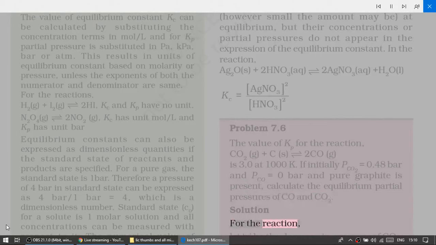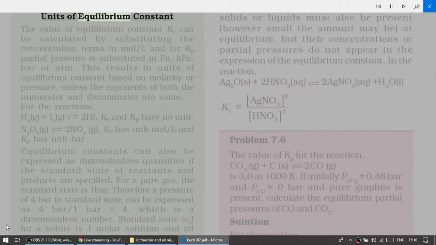Solution: for the reaction, let x be the decrease in pressure of CO2, then CO2(g) + C(s) ⇌ 2CO(g), initial pressure 0.48 bar, 0.